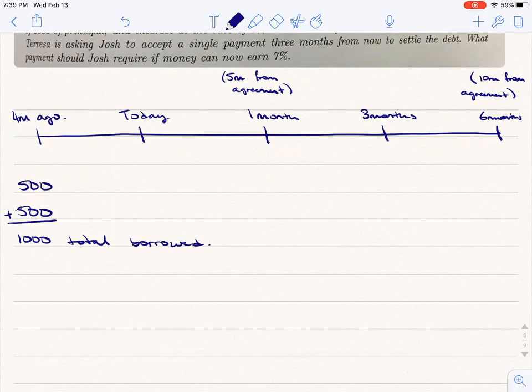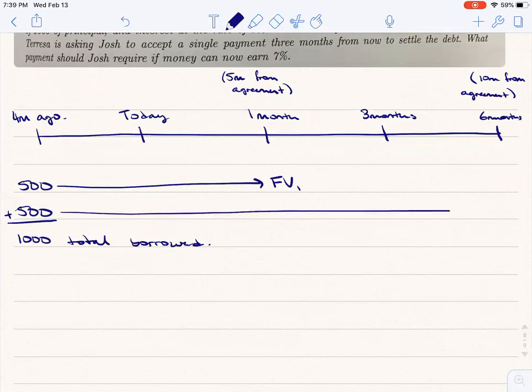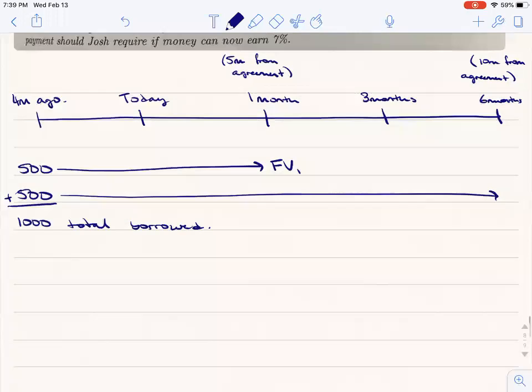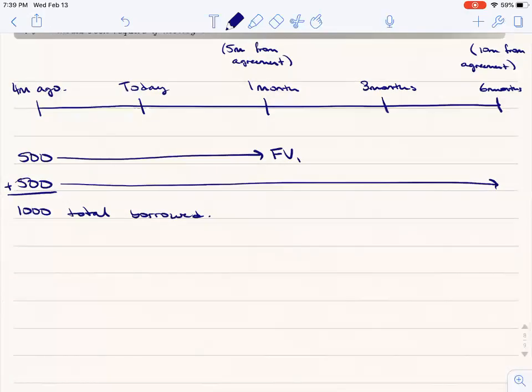The original plan was that she was going to repay this one 5 months from the agreement date, so 1 month from today. So that would be some future value 1. And she was going to repay this amount 10 months from the agreement date, 6 months from now, some future value 2.